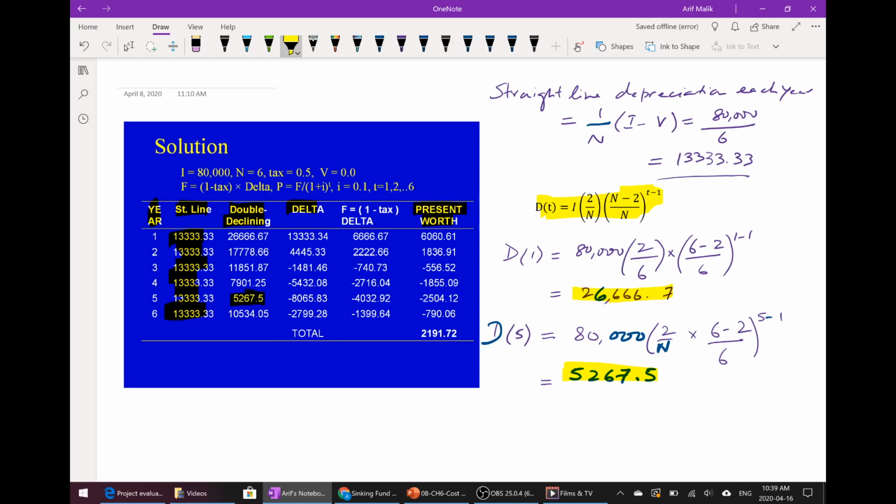The last calculation here is, we said that the double declining balance method is not an exact method.